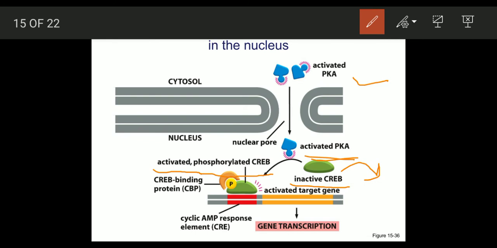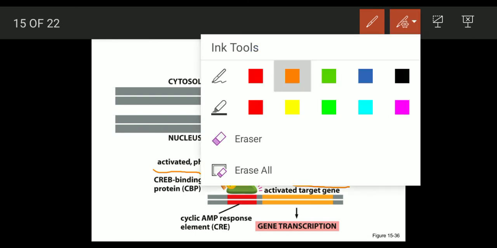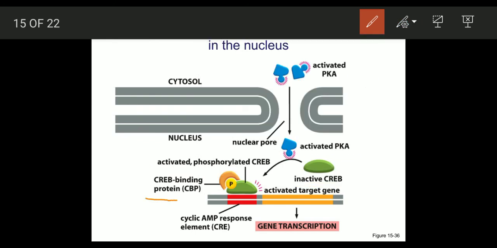Okay guys, with that, CREB binding protein will also bind, as you can clearly see here, and will activate it. Now the cellular response will form and thus transcription will take place, as CREB is nothing but a transcription factor.